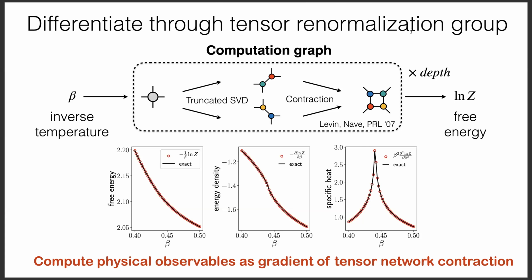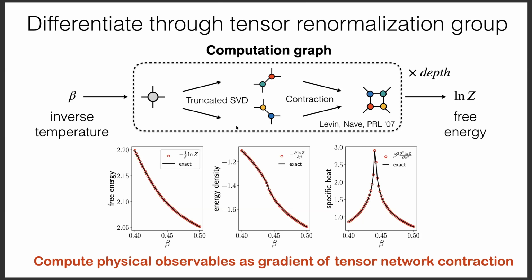But if you view this RG procedure as a computation graph, then the depth of that graph is basically the RG step. And the input of that computation process is the only parameter of the Ising model, the inverse temperature. The output is the free energy, or basically the partition function. And in the middle, you do some non-trivial operations. But nevertheless, you can differentiate all the way through that graph.